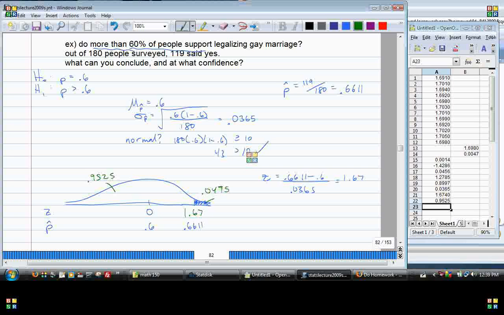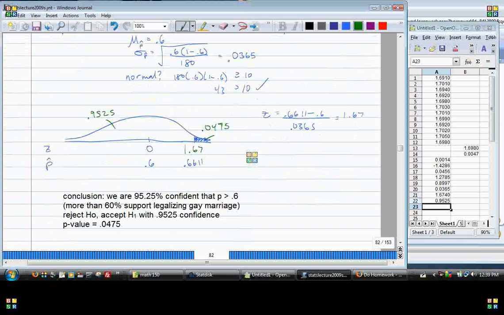What's our conclusion? And in English, we are 95.25% confident that more than 60% of the population supports legalizing gay marriage.